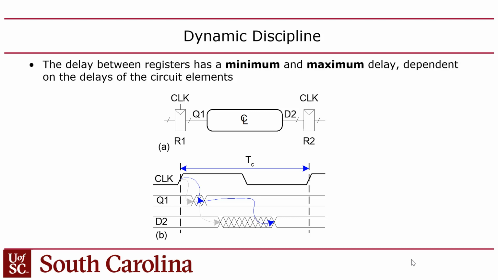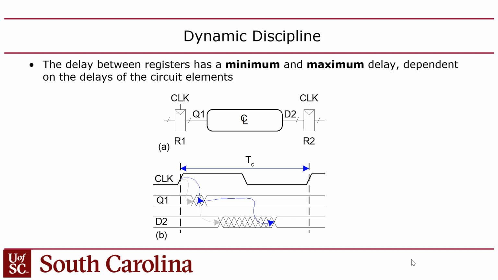And if you overclock, then you could get metastability, right? You could violate that dynamic discipline, right? Now, what ends up really happening, though, is when you increase the clock speed of a CPU, you don't just increase the clock speed, you also increase the voltage, right?